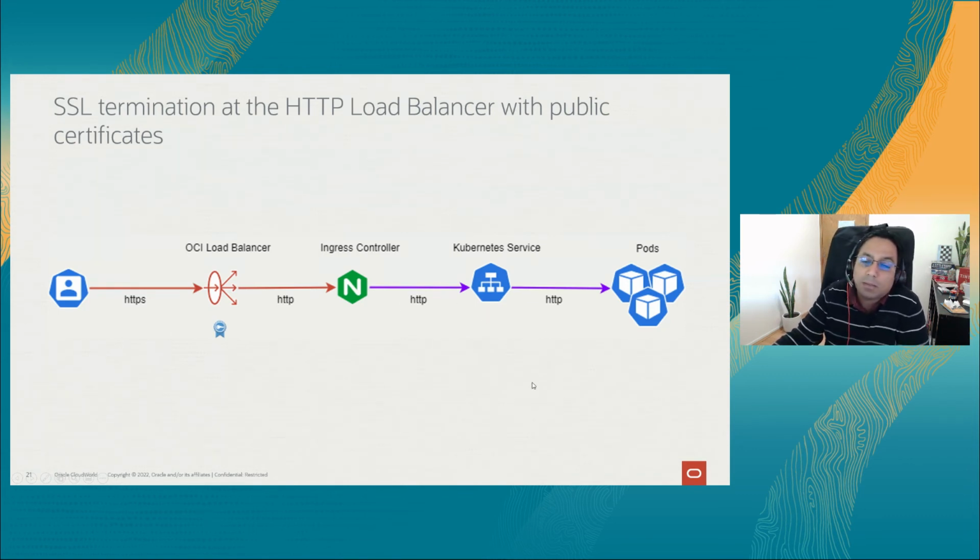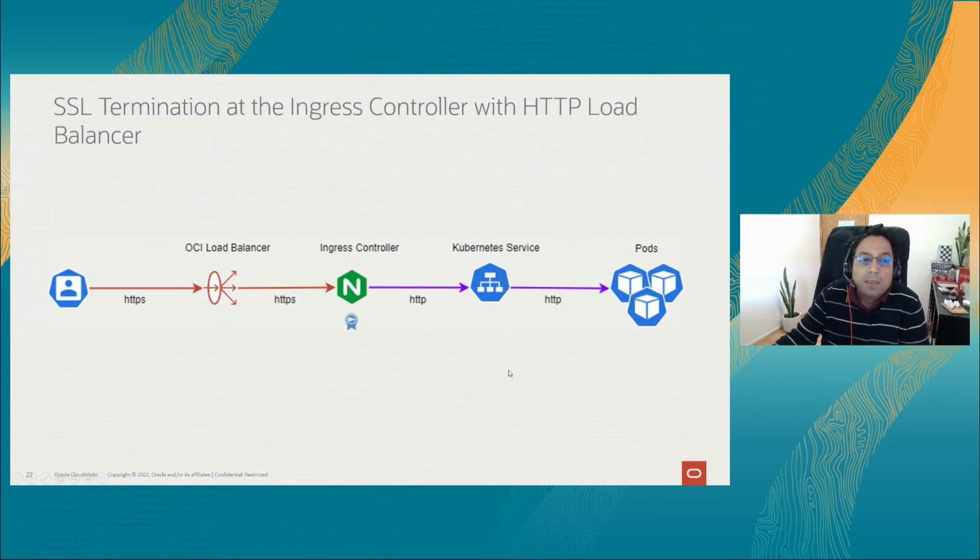A third one, and this one is the most common use case, is that the load balancer receives the HTTPS request. It functions as a reverse proxy and then sends the HTTPS traffic to the ingress controller, where the traffic gets decrypted.